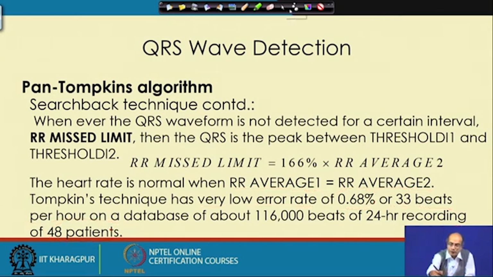That means less than 1% loss. Okay. So, that is the way Pan-Tompkins has contributed in terms of a very sophisticated QRS detection algorithm.